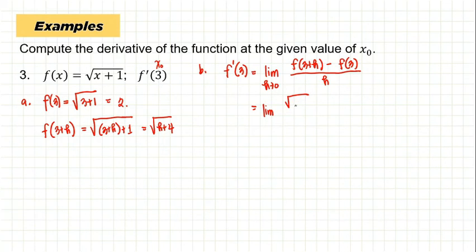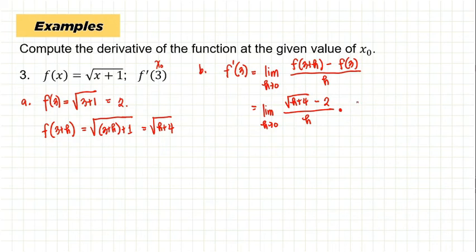Okay, so we have square root of h plus 4 minus f of 3, which is 2, all over h as h approaches 0. Now, if you do direct substitution, that will become square root of 0 plus 4, and that is 2, minus 2 is 0 all over 0. So, indeterminate.